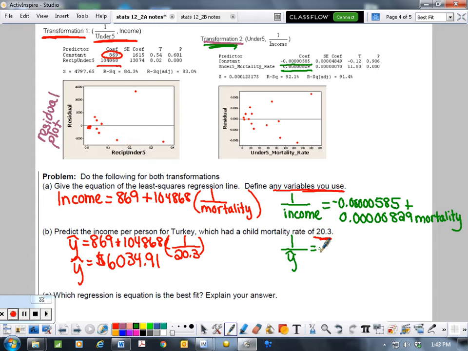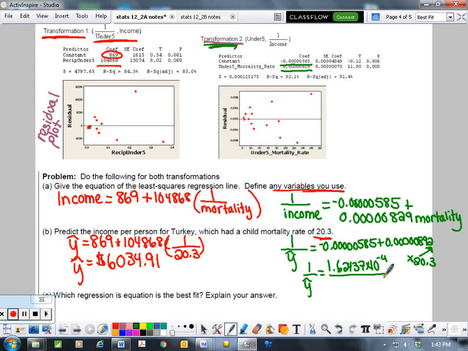Now over here in the green, I would have 1 over my y hat equals, and I'd plug in that negative 0.12345 plus 1.45829, and then we're timesing by the 20.3. And so then we get 1 over y hat equals 1.62437 times 10 to the negative 4th.